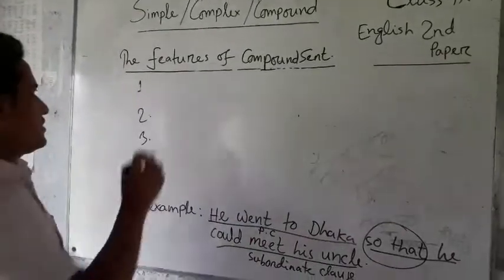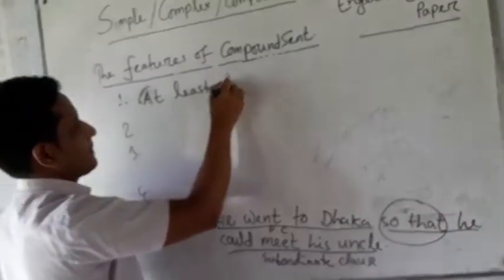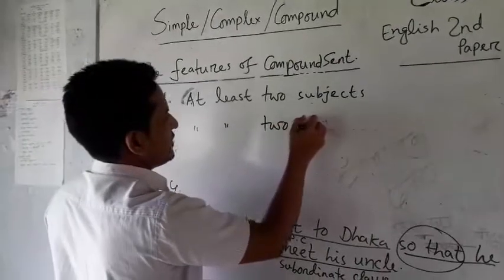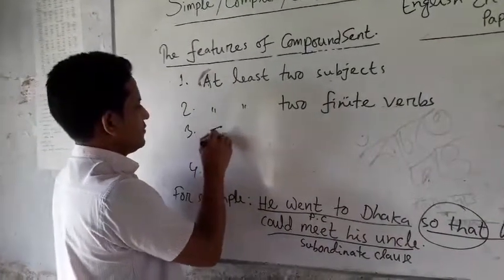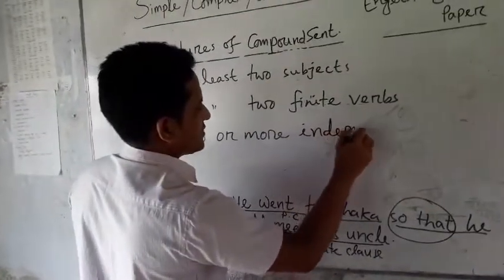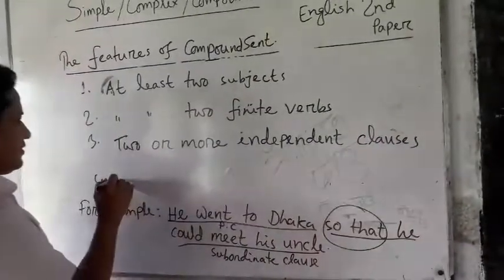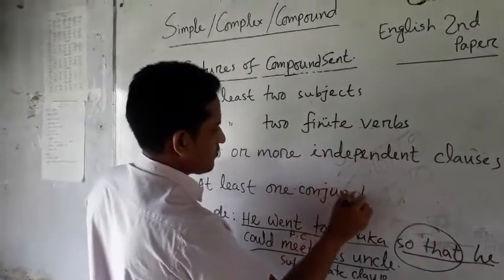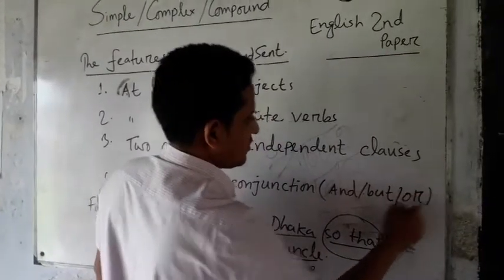A compound sentence contains also at least two subjects, at least two finite verbs, two or more independent clauses, at least one conjunction, like and, but, or.